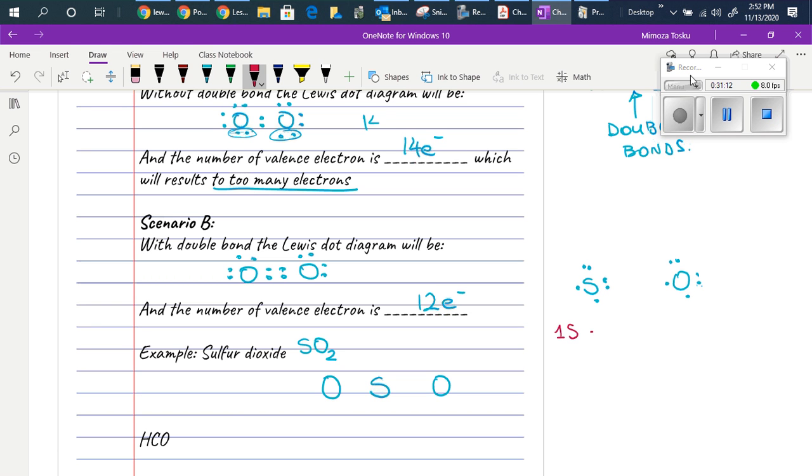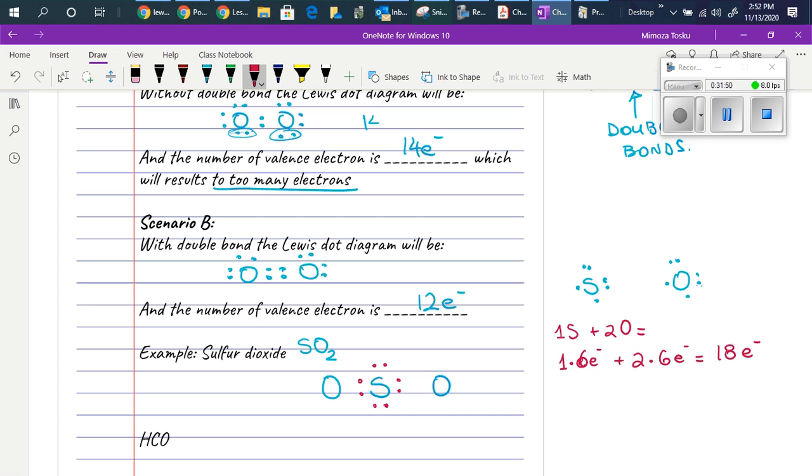Let's count now the total number of electrons available. We have 1 sulfur and 2 oxygen, which means 1 times 6 electrons plus 2 times 6 electrons, which is 18 electrons in total. Let's start placing those 18 electrons by starting with the central atom, completing its outer shell, so we'll have 8 electrons in the outer shell of the sulfur.